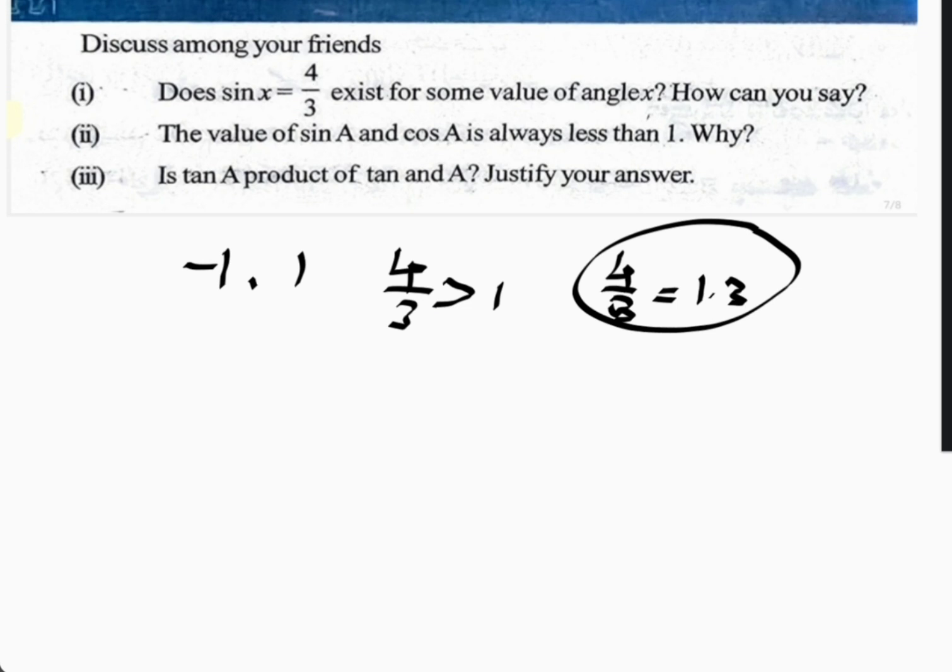For any real value of X, this is because the sine function's range is -1 to 1. This is, sine theta lies between -1 and 1.